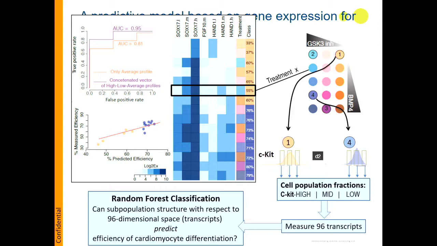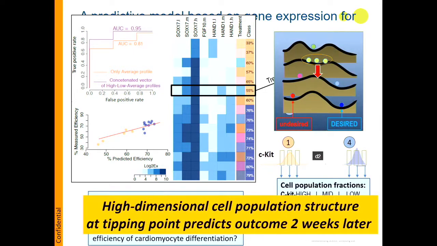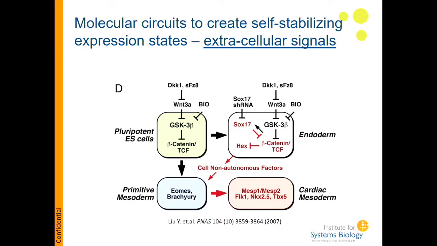So this approach can make it much faster. Just to reemphasize, since we know this is where the cells make the decision, we can probe the system very early on to get efficient differentiation later on.